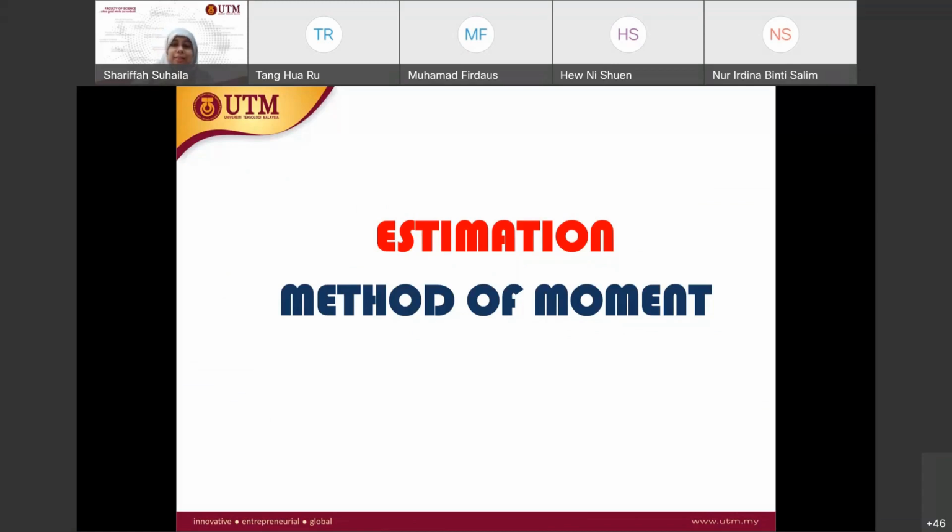It is rather difficult to use MLE because sometimes the parameter has a problem when we iterate, it does not converge to a certain value. So if you have extreme values in your data set, normally what we do for your parameter estimation is method of moment.